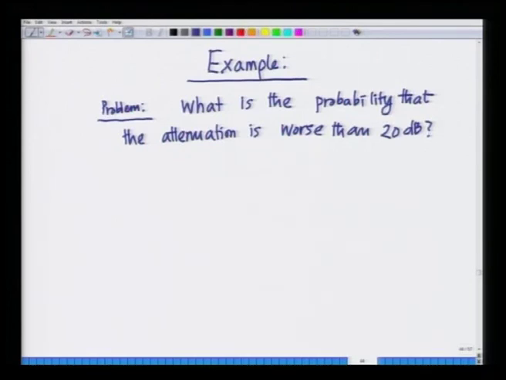So, power in dB, I want to find out the probability that this attenuation is worse than T dB. Remember, this is an attenuation, so this is negative. So, I want to find out the probability, if G is the gain of the channel.